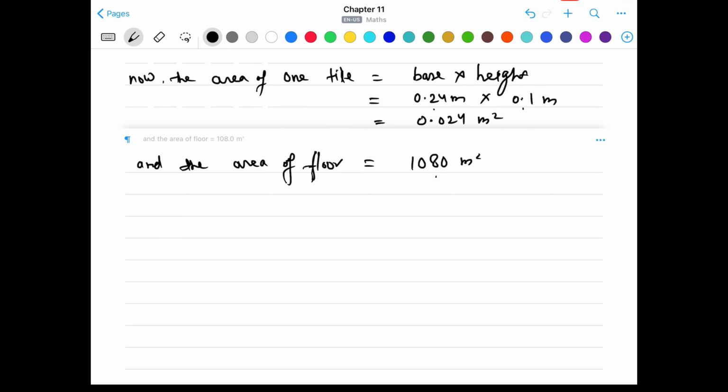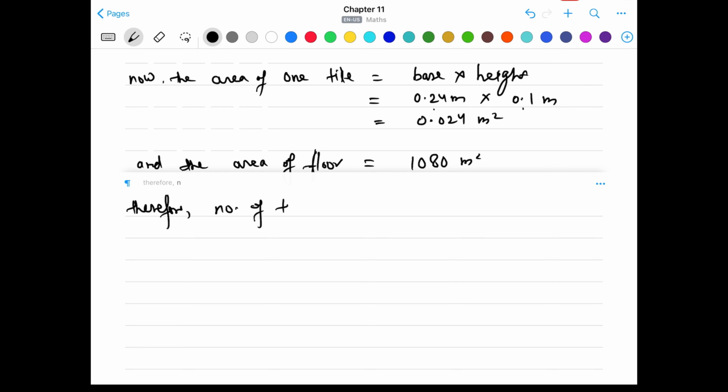Therefore, the number of tiles required will be the total area of the floor divided by the area of one tile.